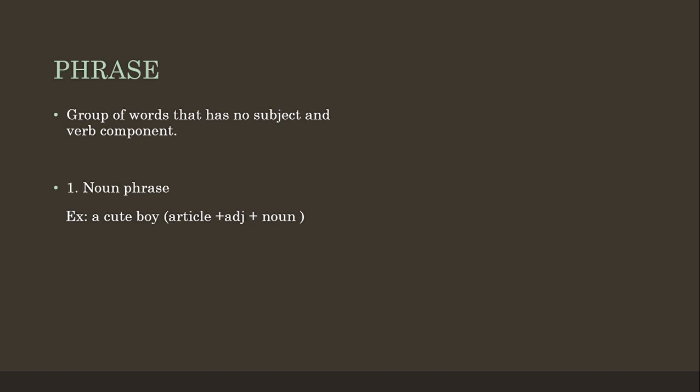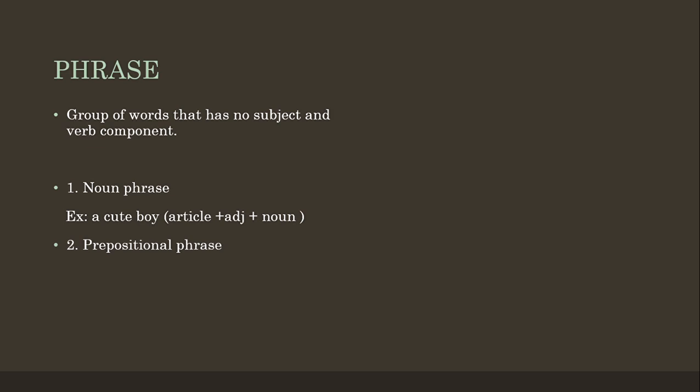So the words a and cute modify the noun, modify the word boy. A here is an article and cute is an adjective. So the function of a noun phrase is to modify the head noun. These two words, a, cute, modify the word boy. That's noun phrase.